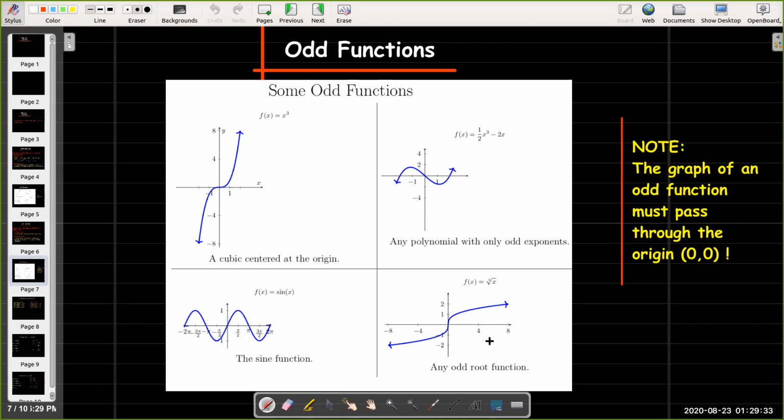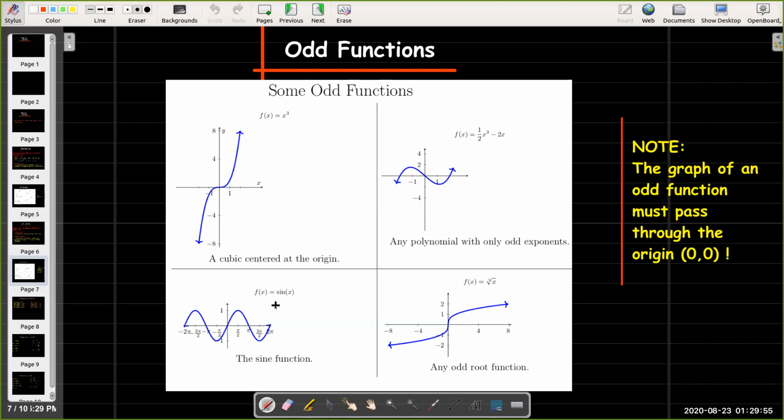So here we have some examples of odd functions. They would include any polynomial which has only odd exponents. In the trig functions, the sine function is an odd function.